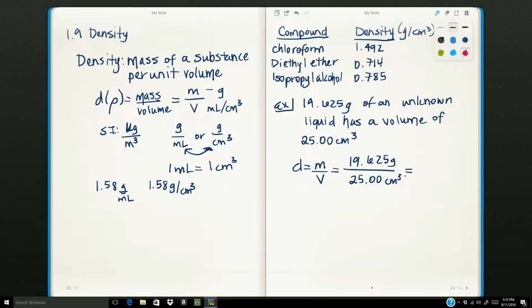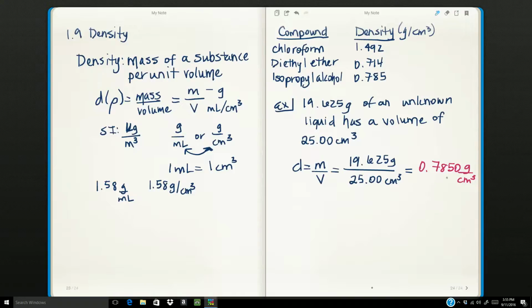Okay, so if we do that math, you get 0.7850 grams per cubic centimeter. So whatever you do to the number, you also have to do to the unit. So since we're dividing our two units, our final unit is grams over centimeters cubed.